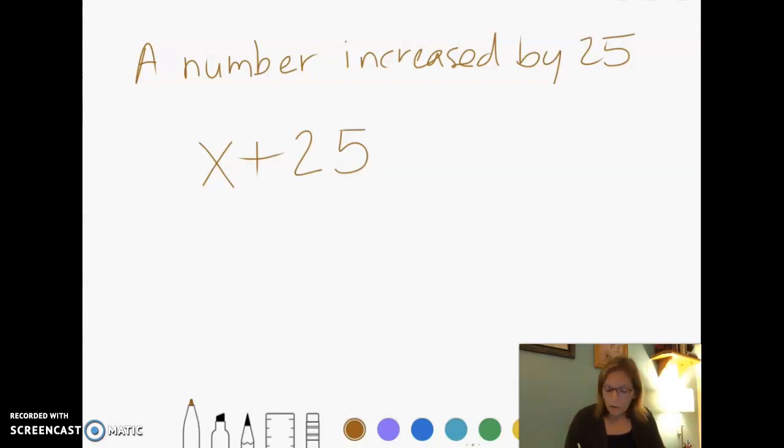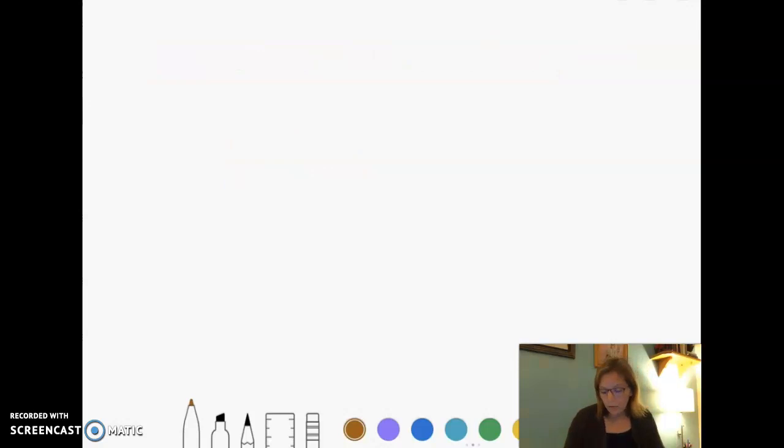The next section is going to be doing the opposite. So you're going to take a math phrase and turn it into a sentence phrase, a sentence of words. So I might have 3x minus 4, and we'll just go ahead and do squared.